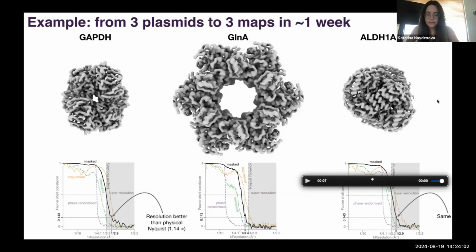I think this really showcases that these simple instruments can be used to look at a variety of different biological specimens and reach resolutions around 3 angstrom, which are already very interesting for atomic model building, for finding bound ligands, and really for quite a lot of the stuff that we might want to do in the lab.